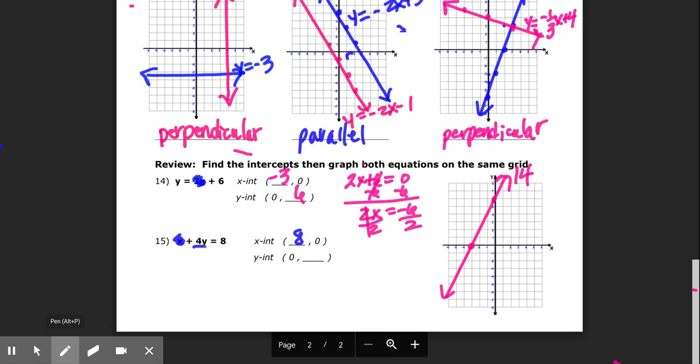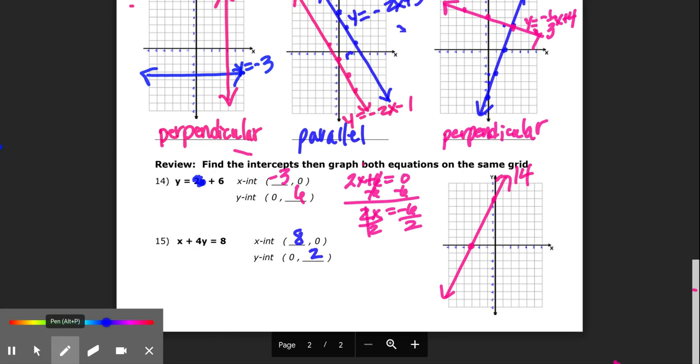And then we can divide both sides by 4. So 8 divided by 4 is 2. So when we go graph this one, this is actually going to go off the grid here. Because we have, wait, something wasn't right. Let's go back. I don't know if this one was right. Let me erase a few things. Sorry about that.